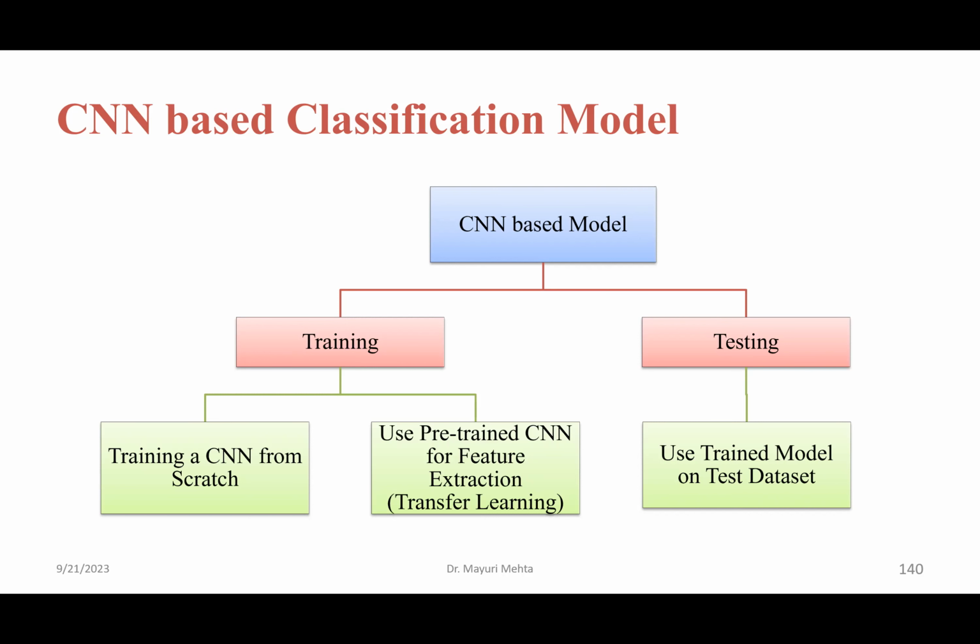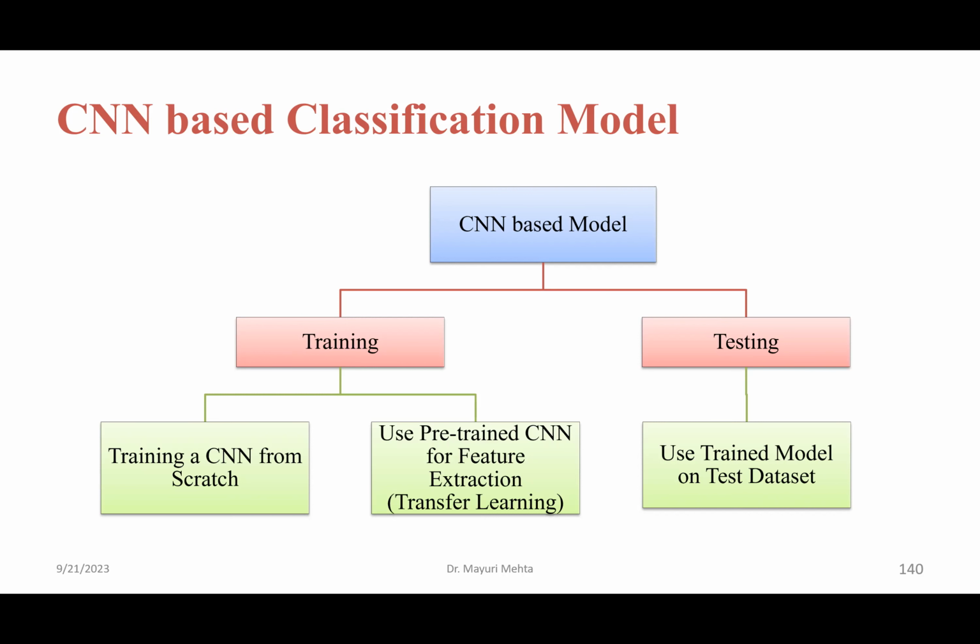Three, you have to choose a loss function and calculate it during training. Four, this process is repeated, updating parameters till the desired accuracy is achieved, right? So these are the things which happen when you train from scratch.